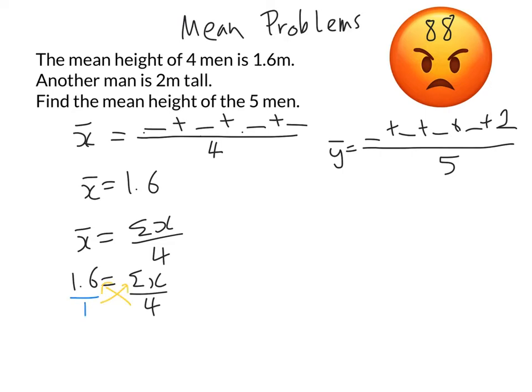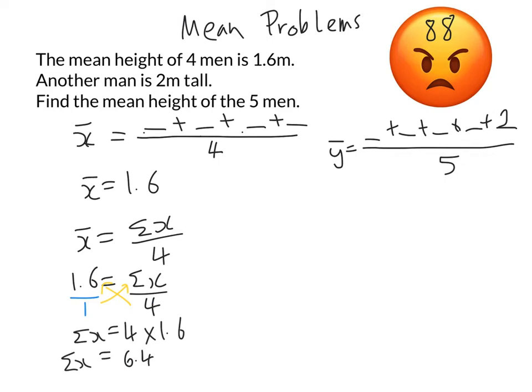And that would give us that sigma x equals 4 multiplied by 1.6, and that gives you 6.4. So if you added up the 4 men's heights, you get 6.4. And then obviously to get the mean, you're dividing that by 4, and that's what gets you the 1.6.